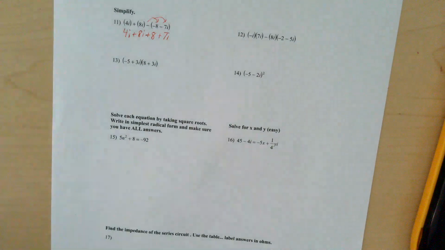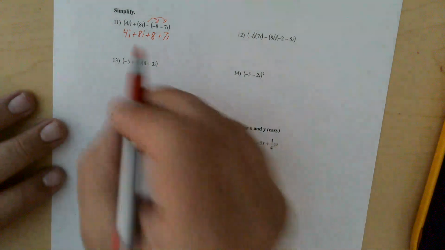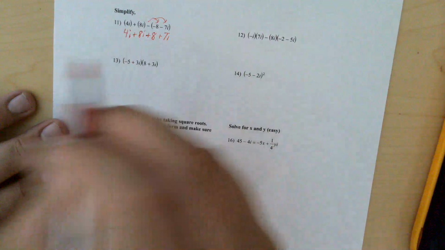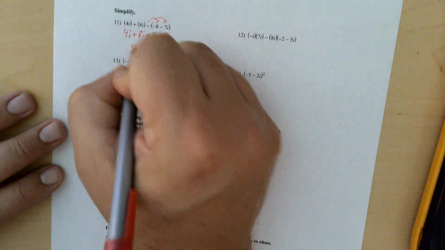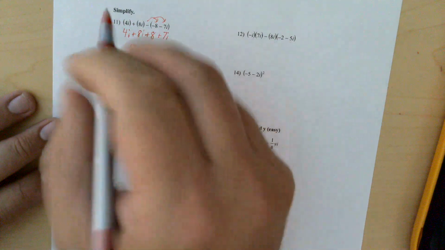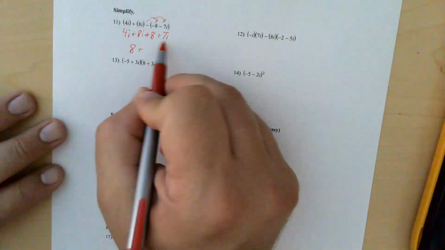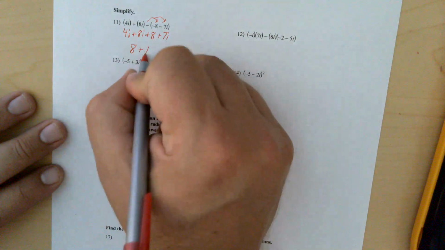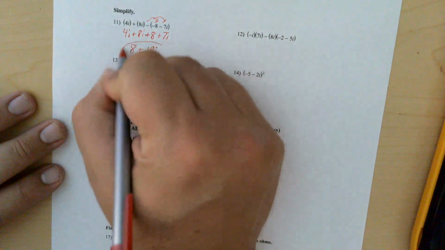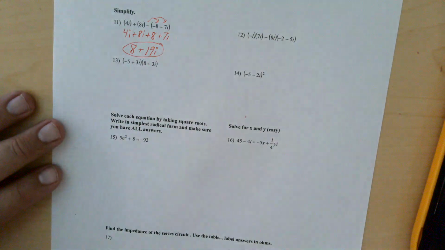So I just need to combine my like things, and I do want this in standard form. My only real number is an 8, so I want that 8 first. Then I'm going to put the imaginary. That's a 12i. 12i plus 7i is 19i. So that's the answer.